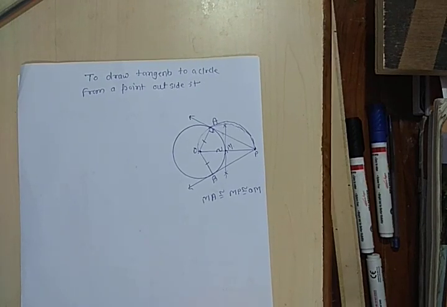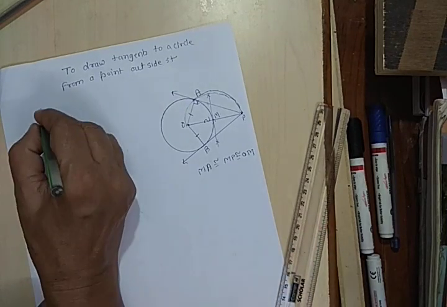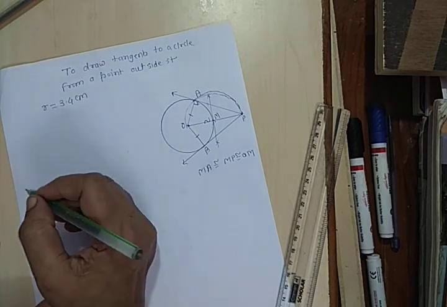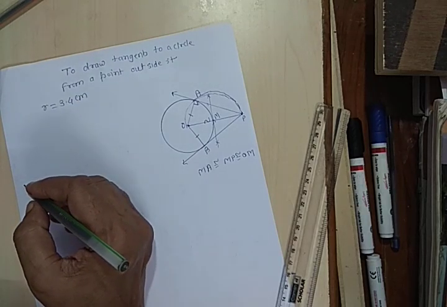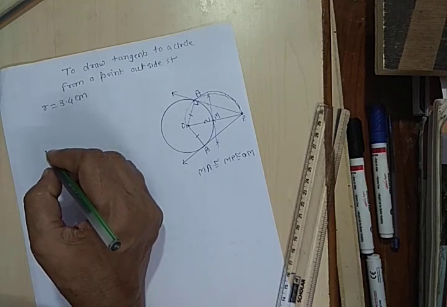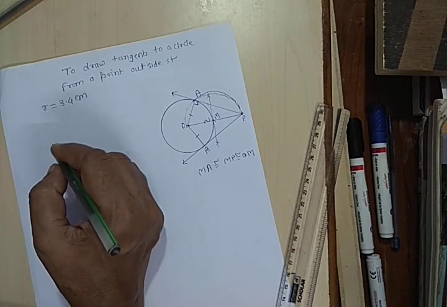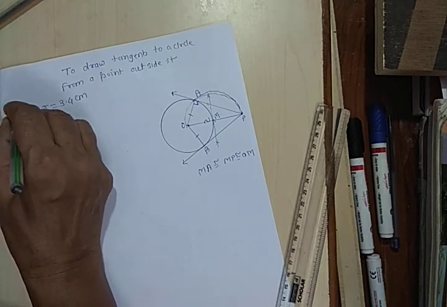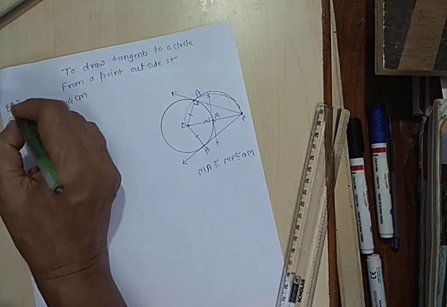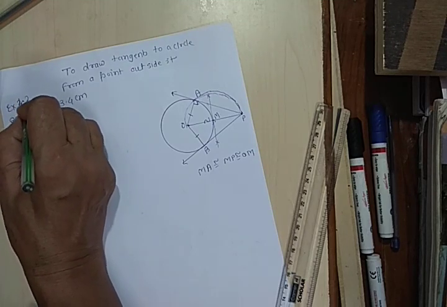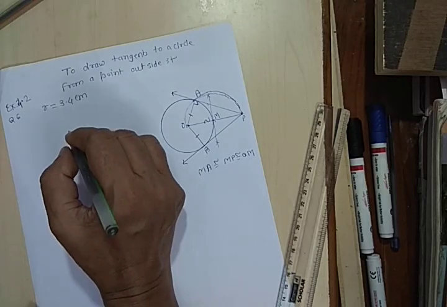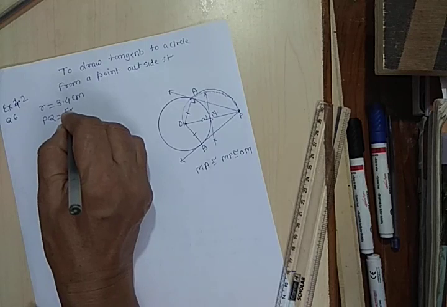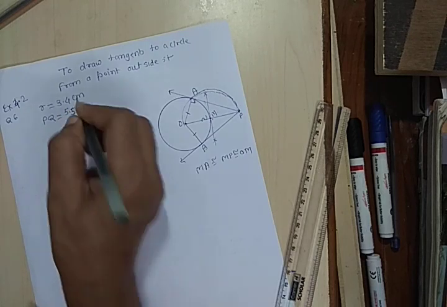Here there is a sum from your textbook, question number 6, exercise 4.2. Draw a circle with radius 3.4 centimeter. We are given R is equal to 3.4 centimeter, and PQ is equal to 5.5 centimeter.